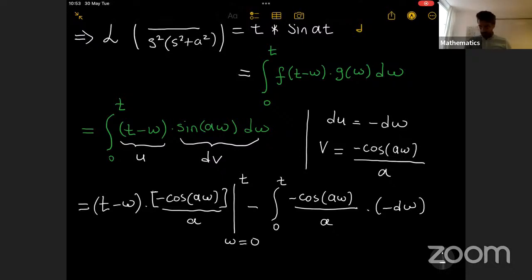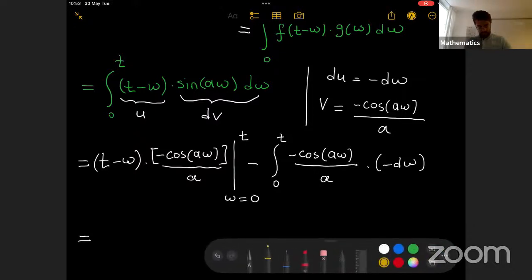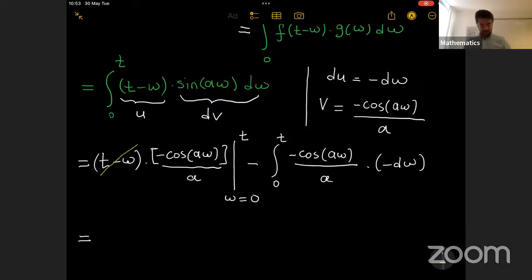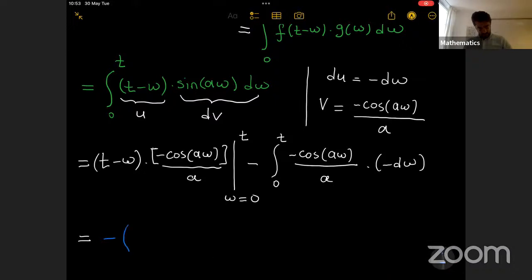All right, let's compute this. When you plug w is equal to t, this one will vanish, right? When w is equal to t, it's going to be 0. When w is equal to 0, it's going to be minus t times minus cosine 0.